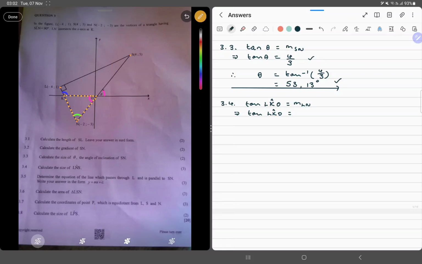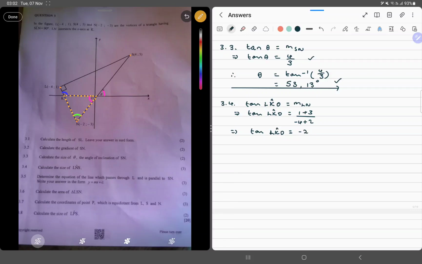We just jump in. It's going to be 1 minus 3, which is going to be plus 3, divided by minus 4 plus minus 2, which is going to be plus 2. So now that implies that our tan of LKO is equal to minus 2.